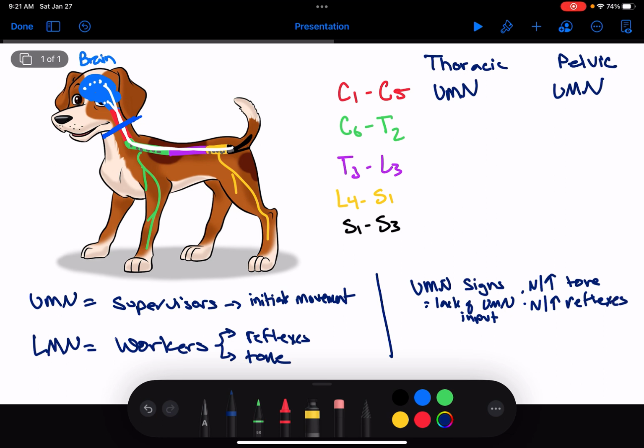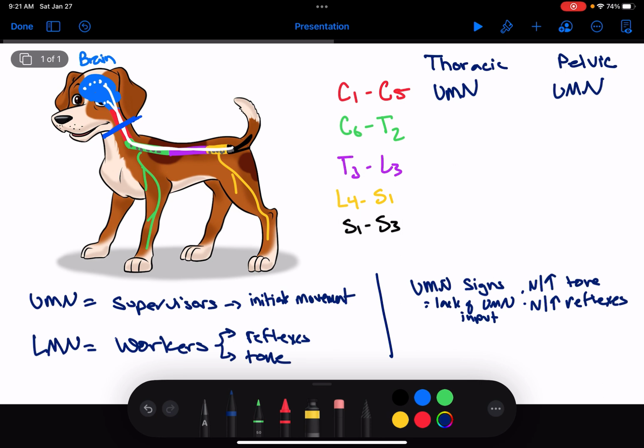Okay. Now, paresis or plegia can also play a role in this, but this has to do with the idea that as the upper motor neuron signal comes from the top, it goes back to the ability of the supervisors being the only ones to initiate movement.